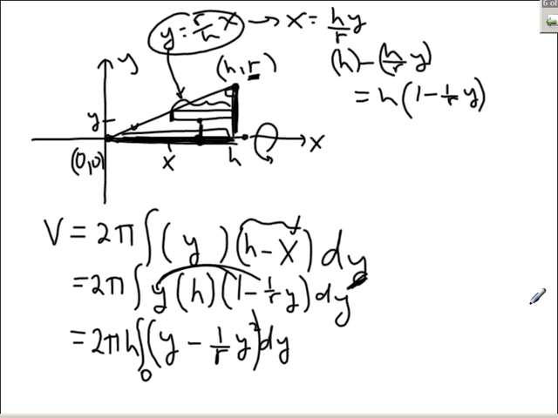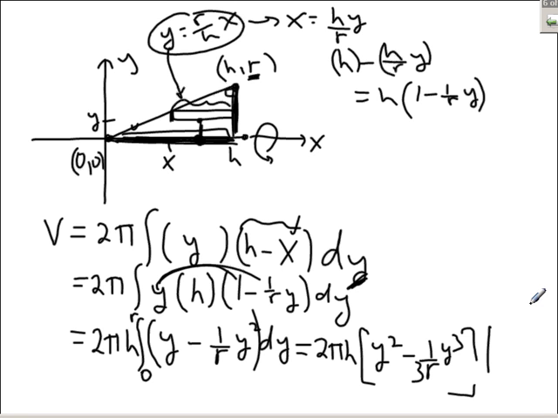It's going from 0 to r. And this gives me 2 pi h. The integral of y is y squared over 2, minus the constant 1 over r, and the integral of y squared is y cubed over 3. And this is being integrated between 0 and r.